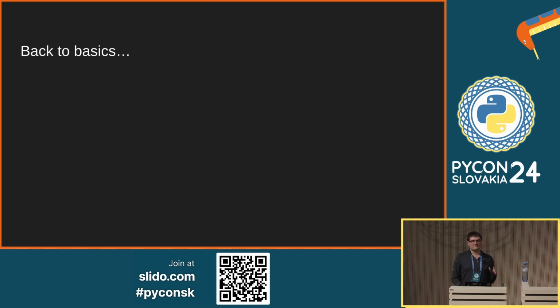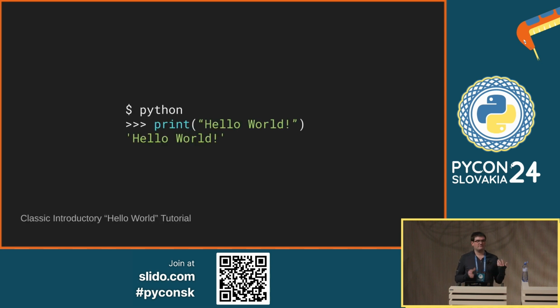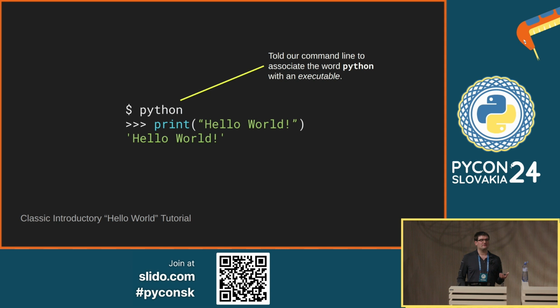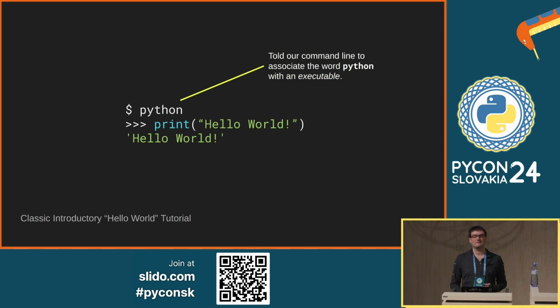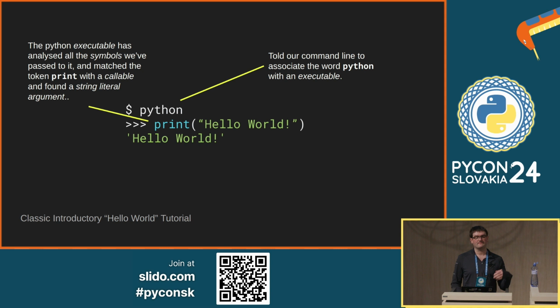So let's go back to some of the basics. This is probably one of the very first scripts you'll ever have run in Python, the classic hello world. And we've got to think about what's actually going on here. First off, we've told our command line to associate this Python executable with this word Python.